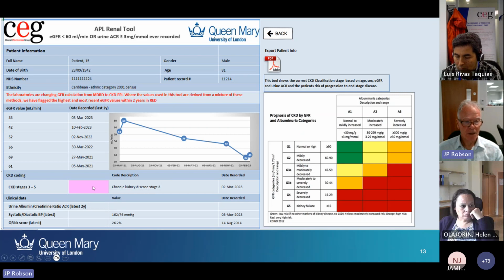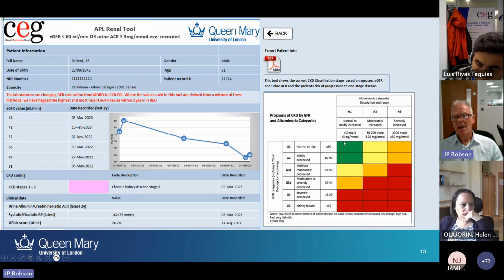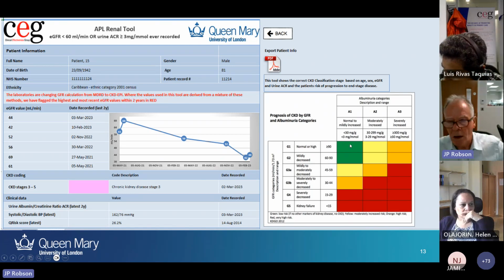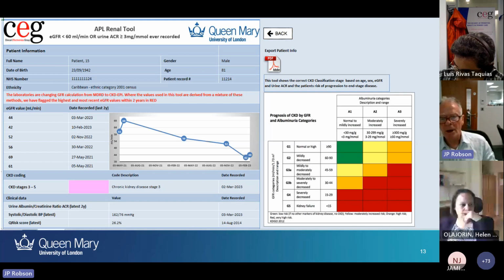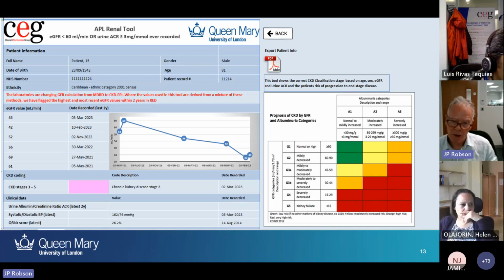It displays the fact that he's got CKD coded, no ACR, and his blood pressure again. It shows you his Q risk. And just over on the right-hand side here is a little aide-mémoire, because what the renal consultants are asking us to do now is to code people not only with their EGFR 1 to 5, but also with their ACR category 1 to 3.